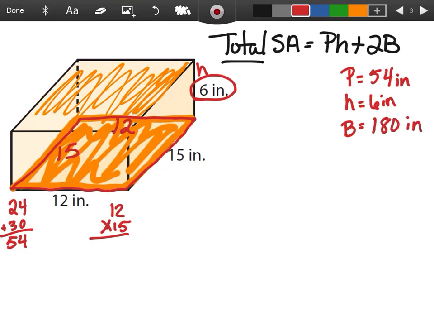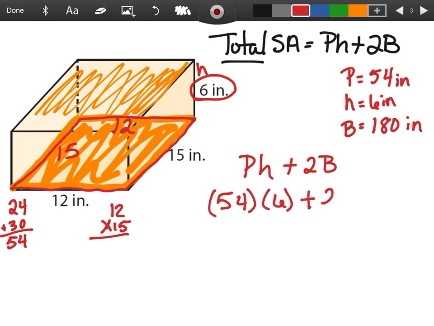So now I'm going to fill it in. Ph plus 2 big B. I'm saying 2 big B because I have two bases, a top and a bottom, and they're both called my bases. My P is 54 inches times my height of 6, plus 2 is my constant, and I have bases that are 180.